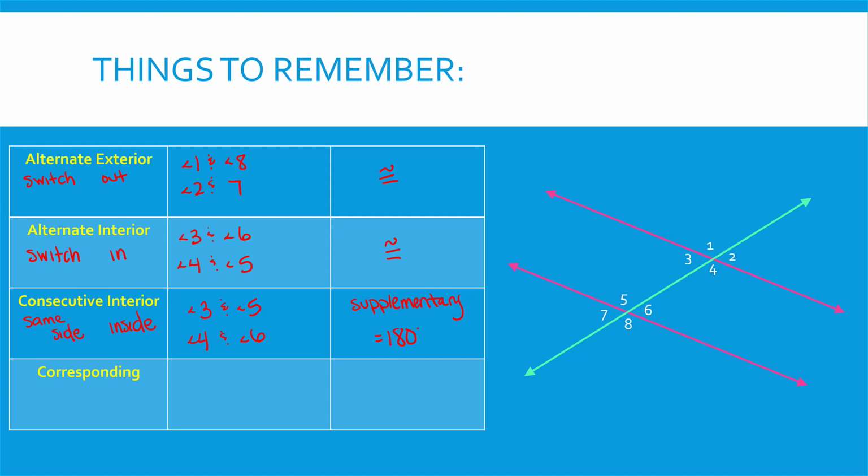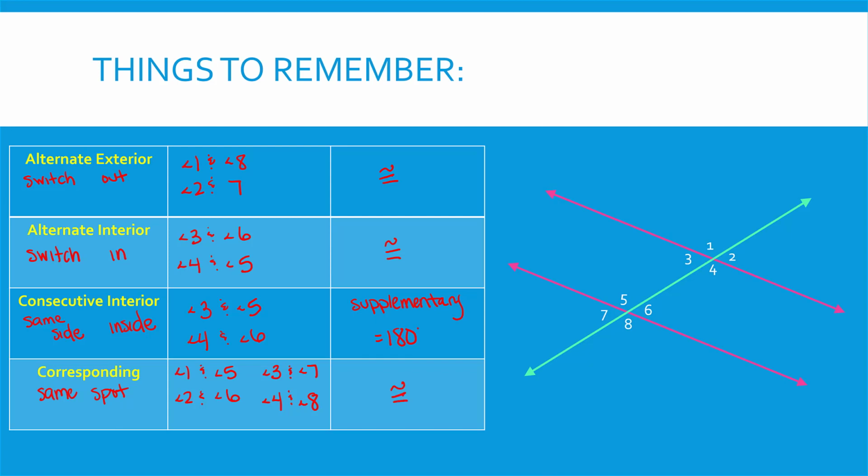And then finally we have the corresponding angles, which were our same spot angles, or same location. So this would be angle 1 and angle 5, angle 2 and angle 6, angle 3 and angle 7, and angle 4 and angle 8, and corresponding angles are congruent.